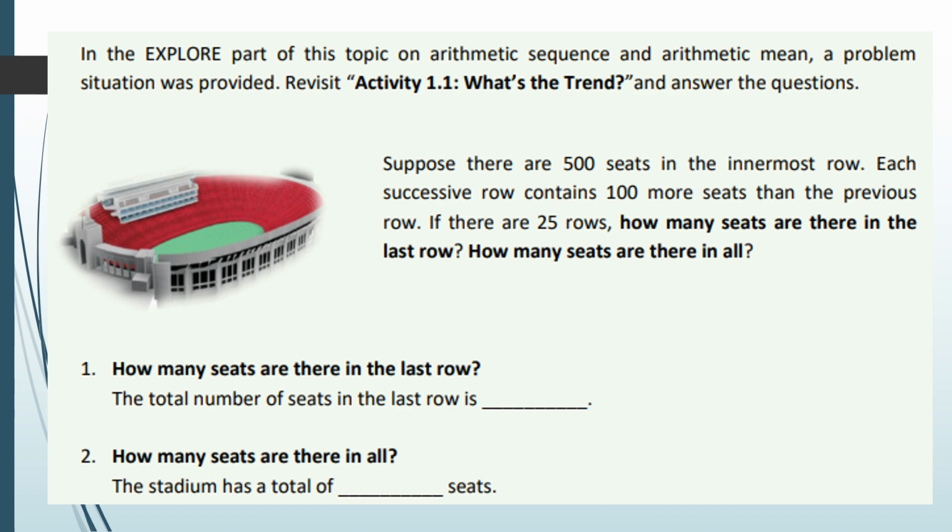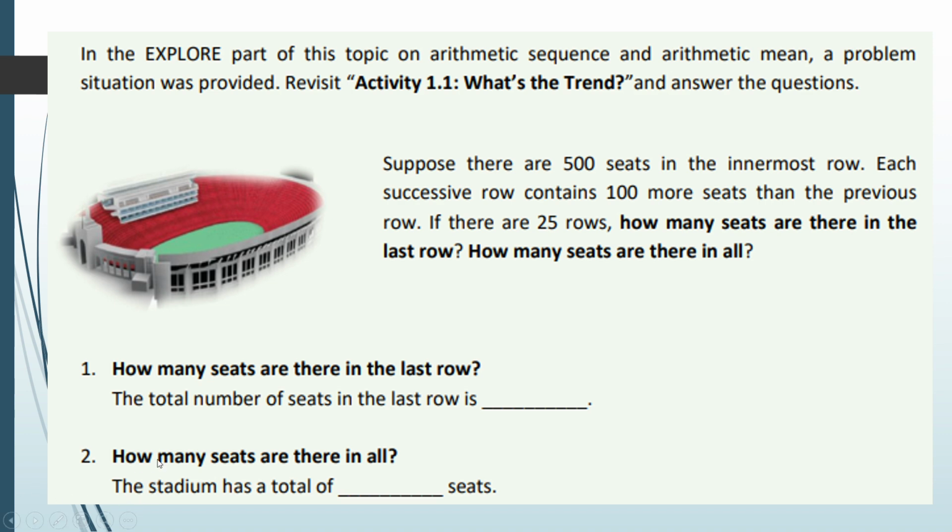So we have here first question, the total number of seats in the last row. When you say a specific row, then we're going to use the arithmetic sequence, the general formula for the nth term of an arithmetic sequence.